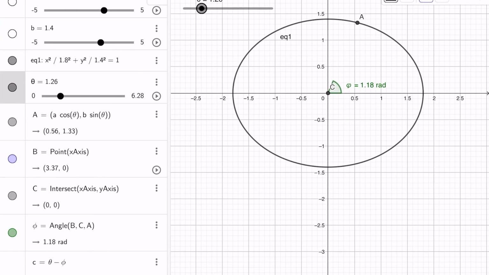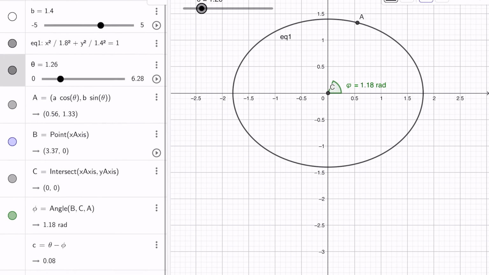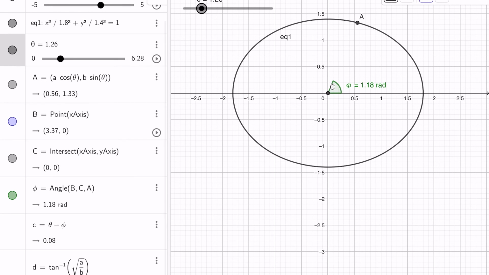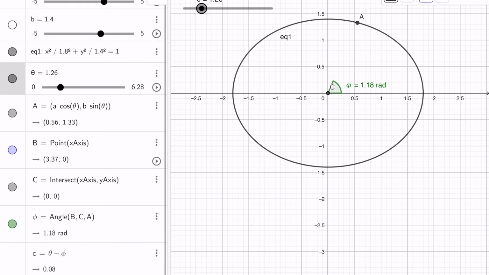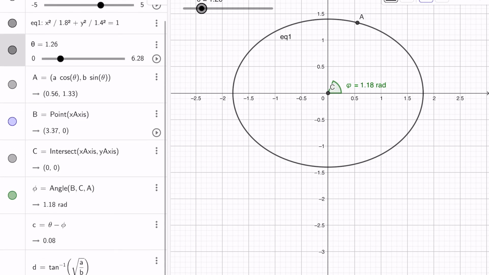At the moment, I've got A is 1.8 and B is 1.4. I've set it up so that I'm dealing with theta. I'm sliding theta. So rather than inverse tan of root b over a, I want inverse tan of root a over b. And if I work that out, down the bottom there it says 0.85.